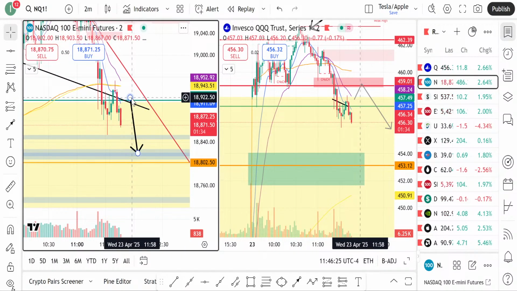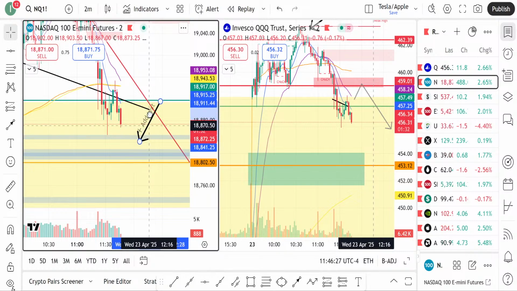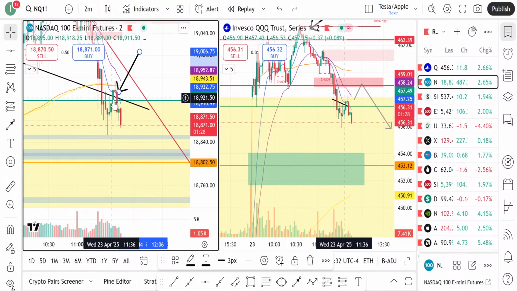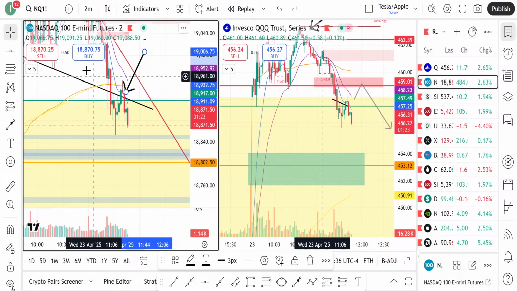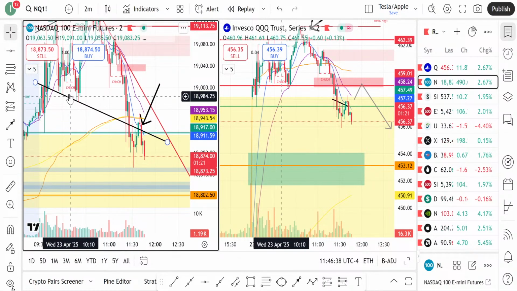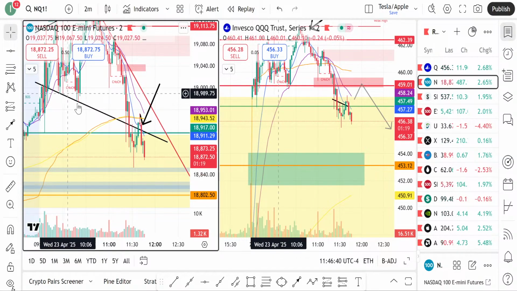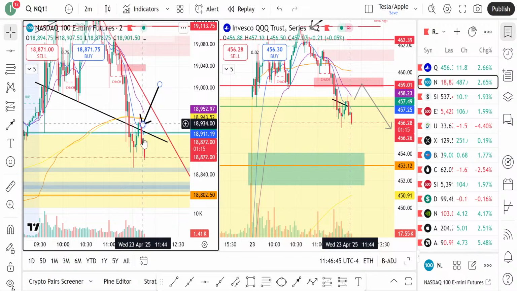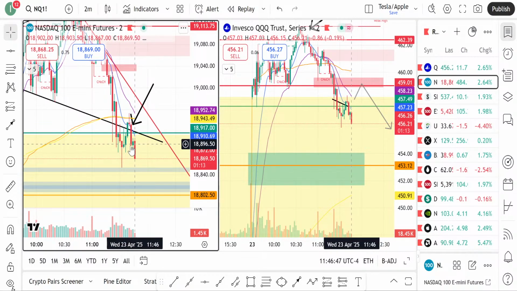I tried another short up here. Once I saw that we didn't hold above this channel line, I mean this previous support, right? Support here, and we broke through it and then immediately rejected.